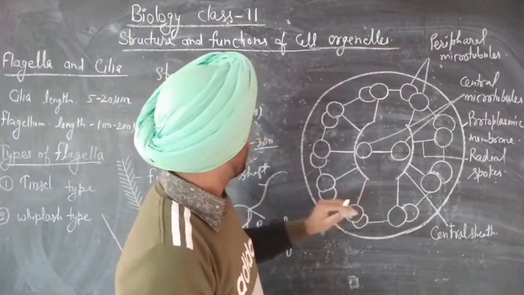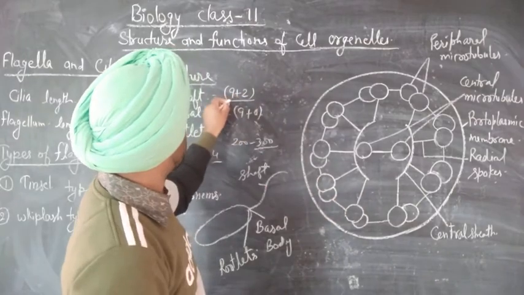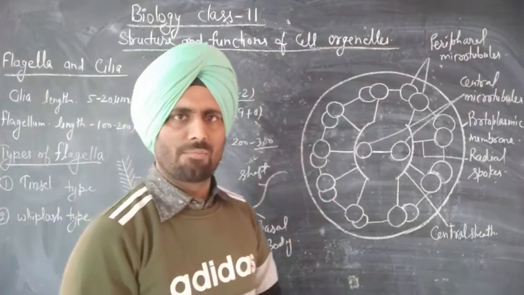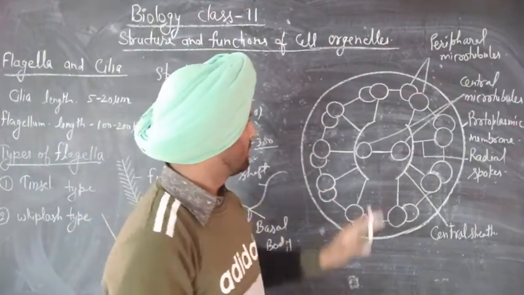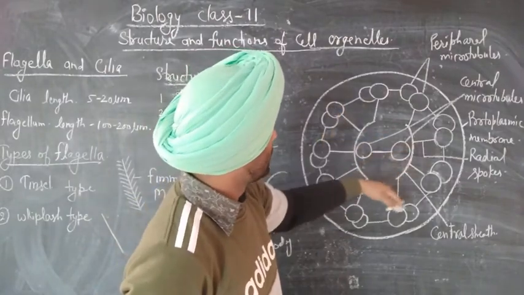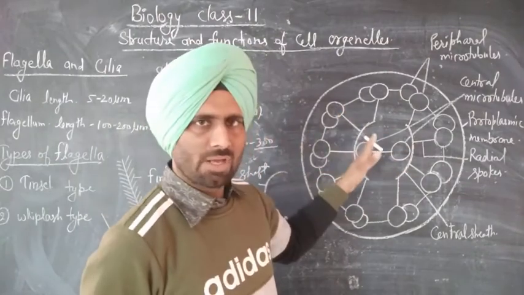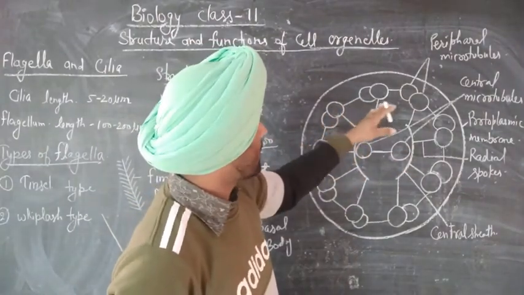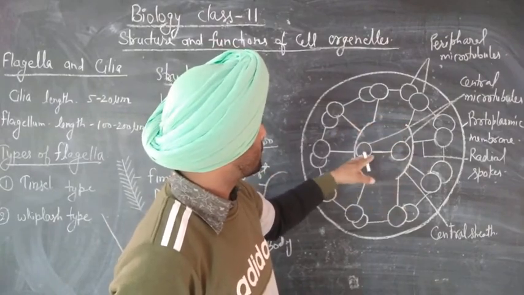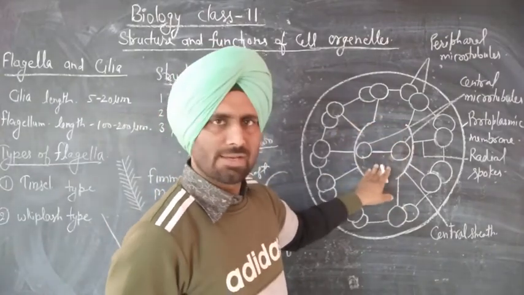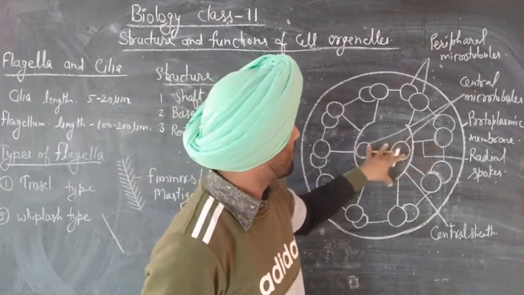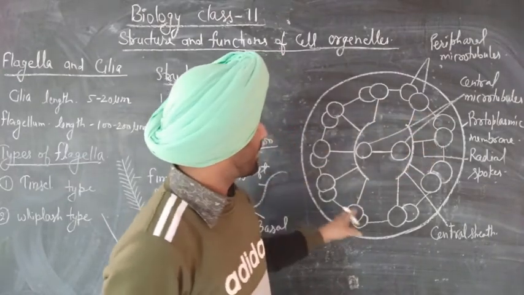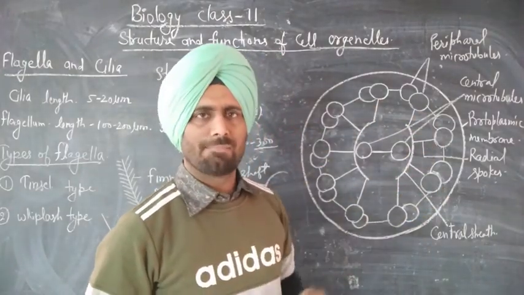They show a 9 plus 2 arrangement of microtubules. In the TS of the shaft, 2 microtubules are in the center, surrounded by 9 doublet microtubules in the periphery.